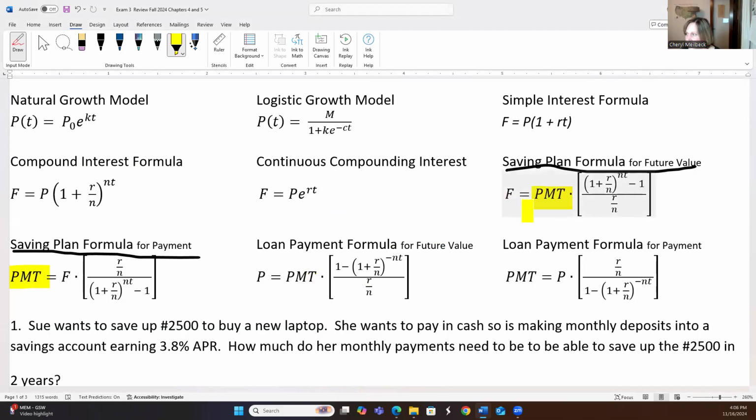Now in this one, since we're solving for time, the variable t, we can use either formula. Let's go ahead and use this first one and see what we come up with. So we'd say the future value equals the payment times, in parentheses, 1 plus r over n to the nt power minus 1 over r over n. Let's write that formula below, and then we'll work on it.